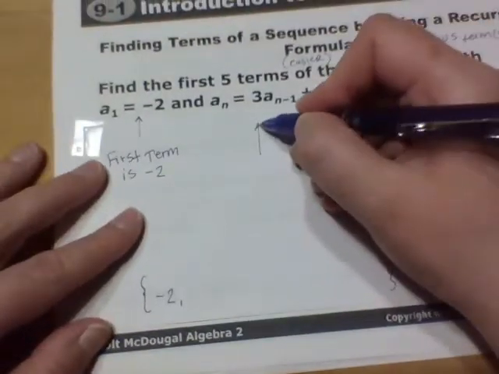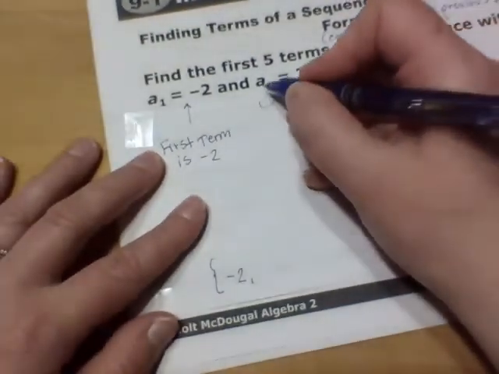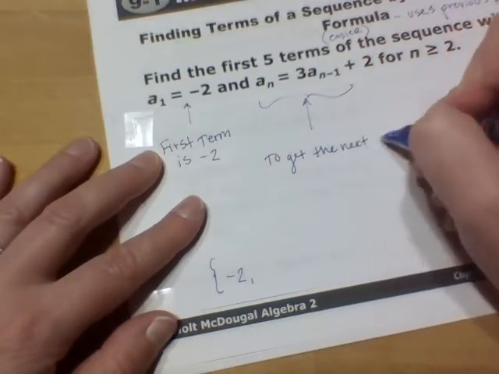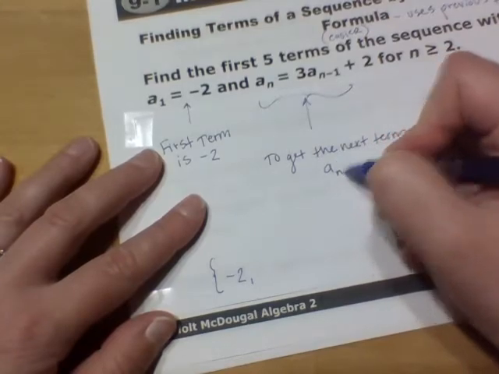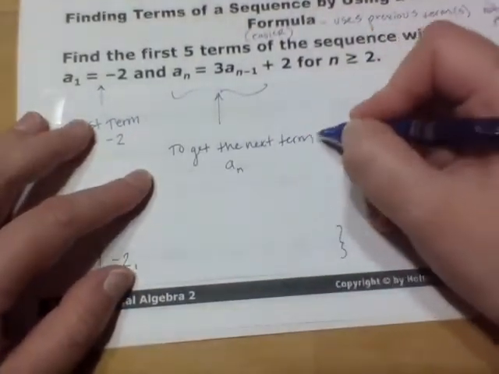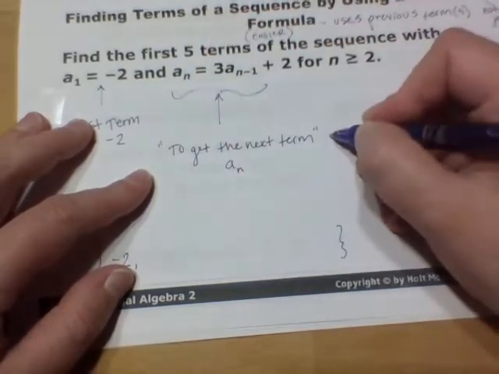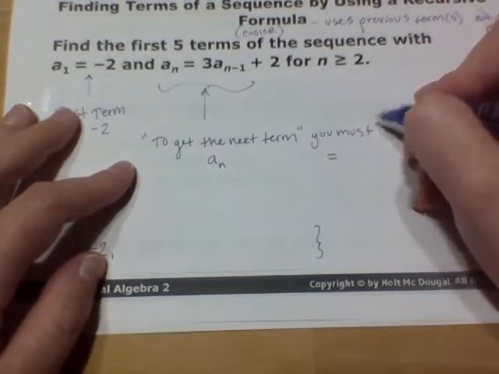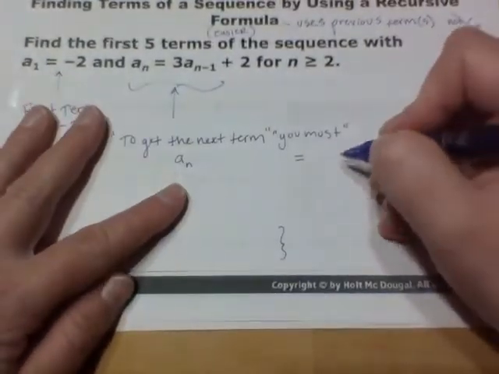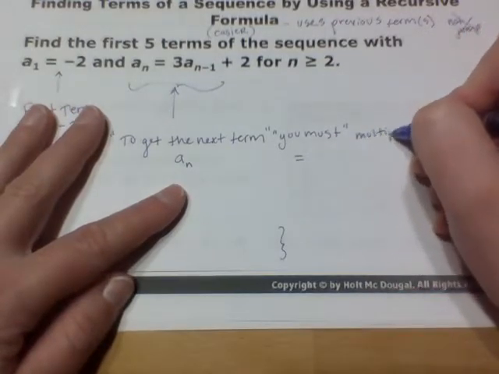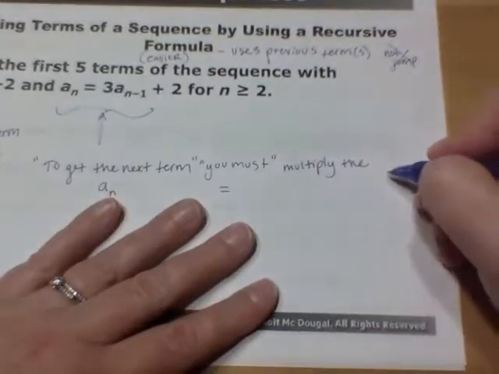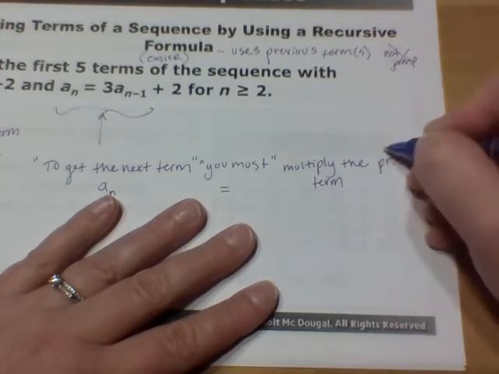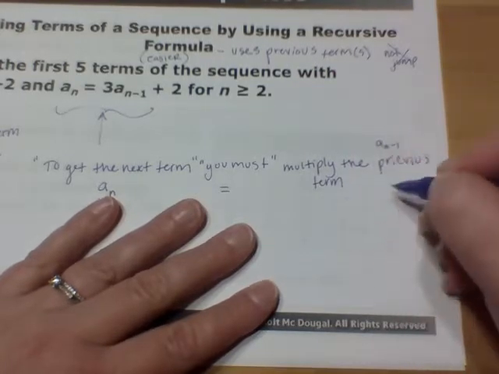This formula is saying to get the next term, and that's a sub n, you must, that's your equal sign, multiply the previous term. And remember, previous term is a sub n minus 1. That's where that's coming from.